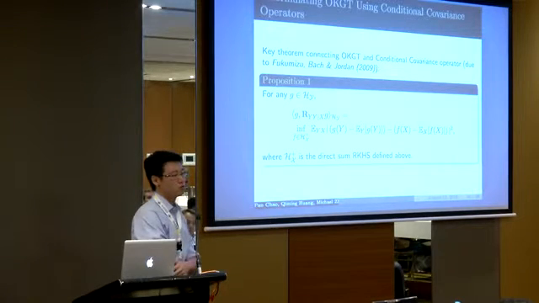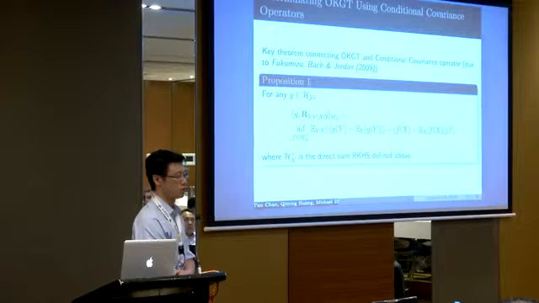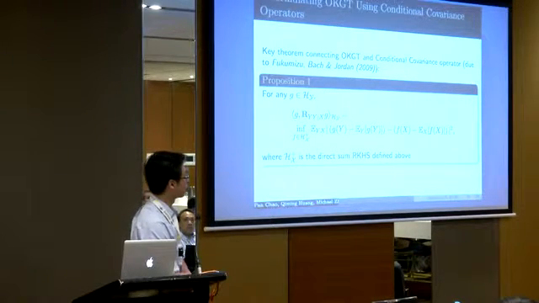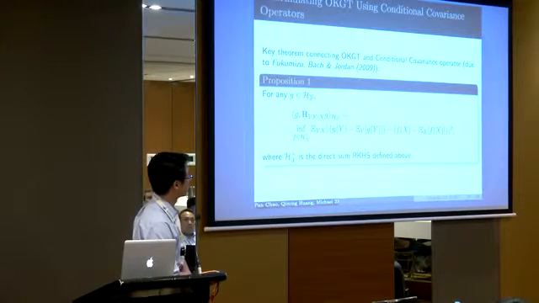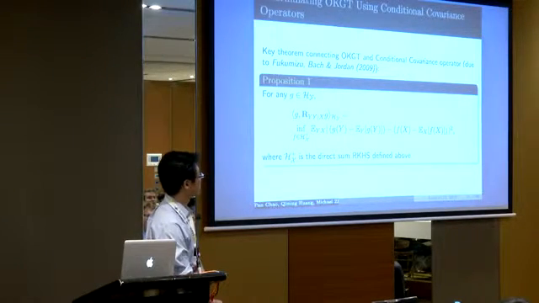So how does this covariance operator relate to our group transformation framework? This is the key proposition connecting the two, and it is due to the 2009 paper by Fukumizu, Bach, and Michael Jordan.